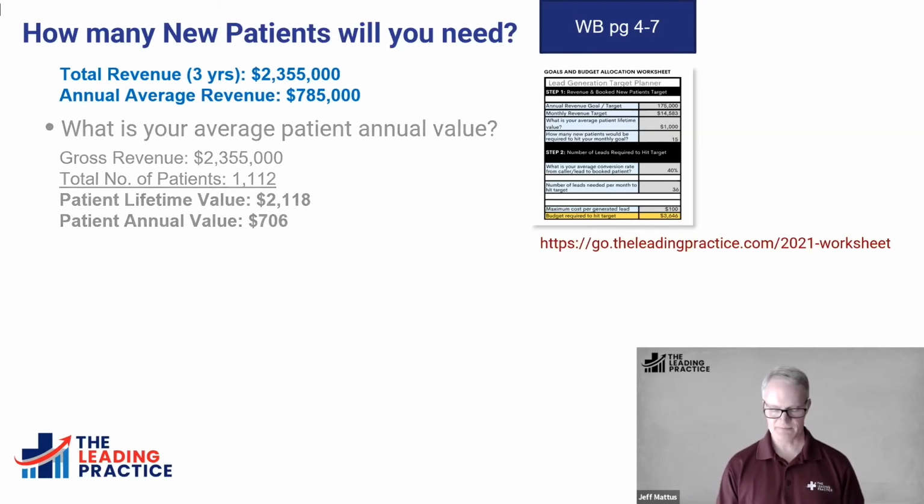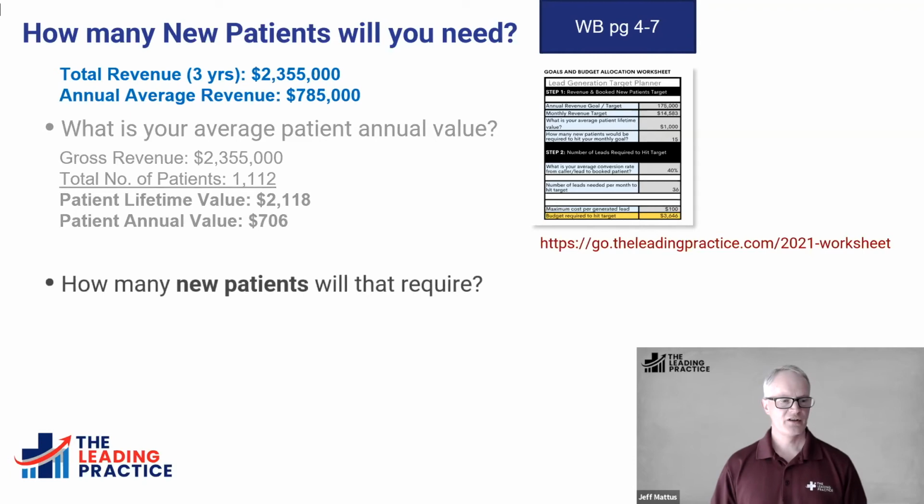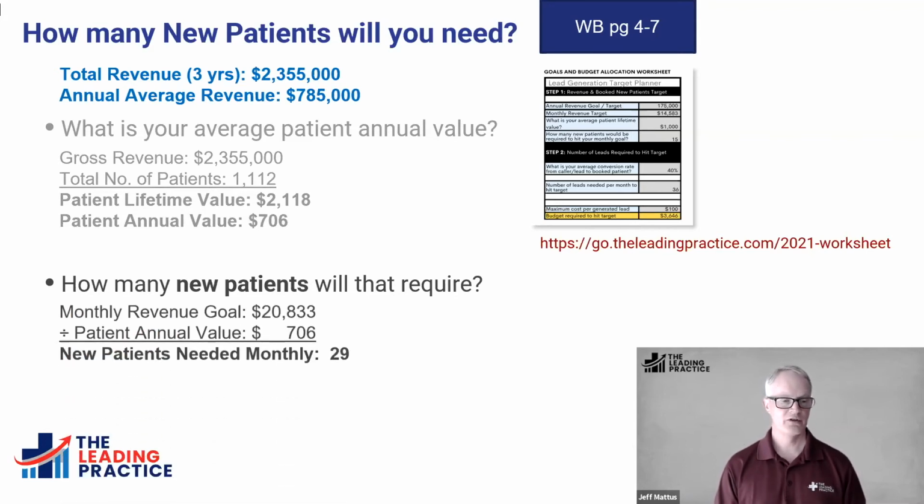Now what's next? We now have to figure out how many new patients are going to be required in order to meet our goal. So we take our monthly revenue goal, 20,833, we divide that by our patient annual value, the $706, and we come up with the answer.